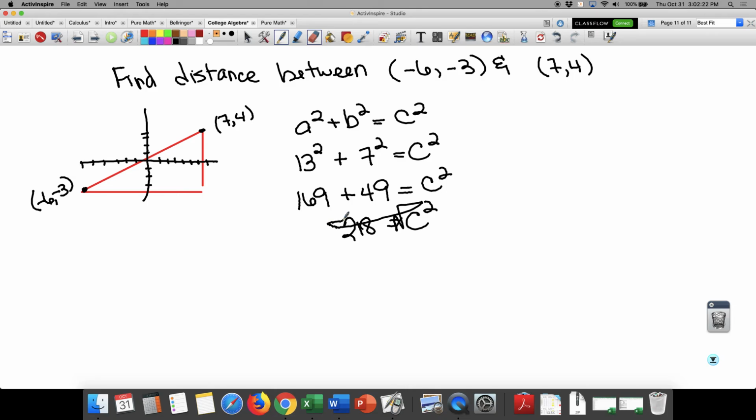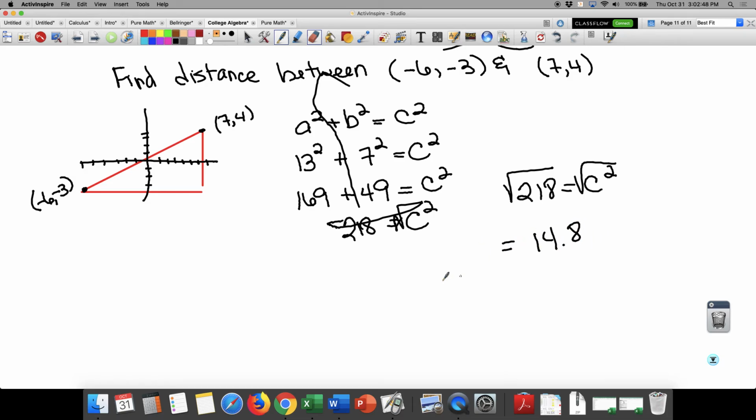Oop, don't know what happened there. Oh, it's not liking that. Well, y'all excuse me. I'm going to take the square root. So to take the square root of 218 gives me 14 point, if I round that one appropriately, 14.8.